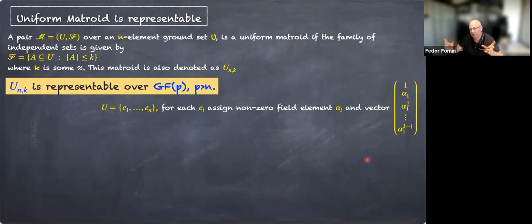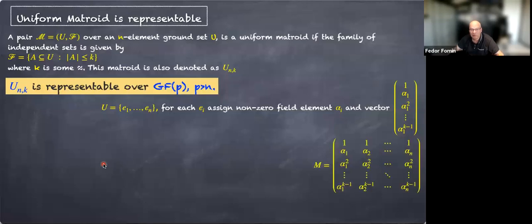So why is the uniform matroid representable? Once again, in the uniform matroid the elements are 1 to n, and a set of elements is independent if the size of the set is at most k. I just give you a representation of this matroid over a finite field. I take a finite field GF(p), where p is an integer larger than n.